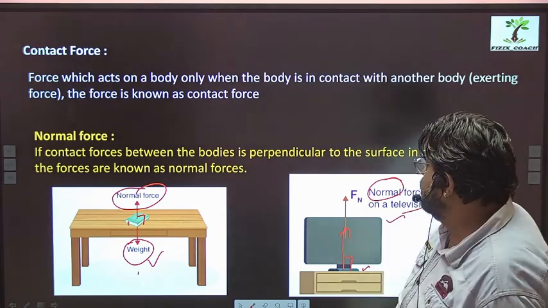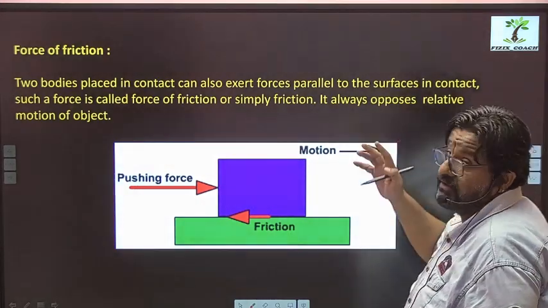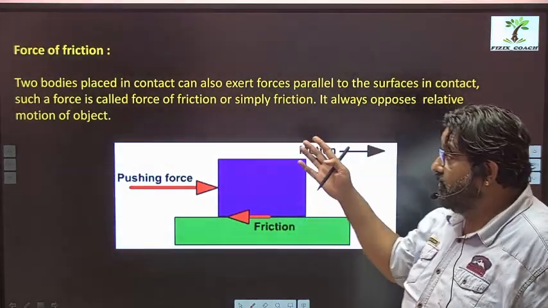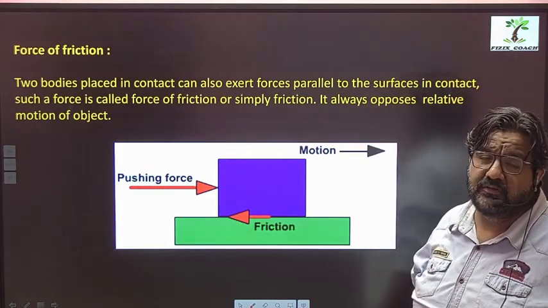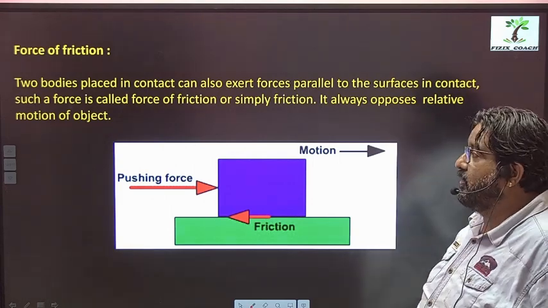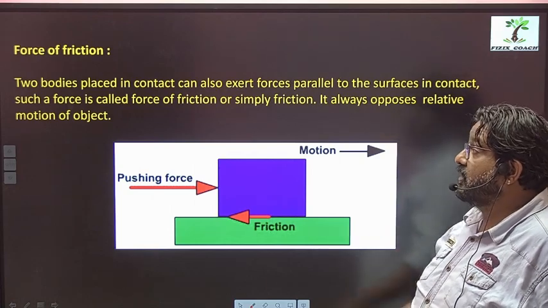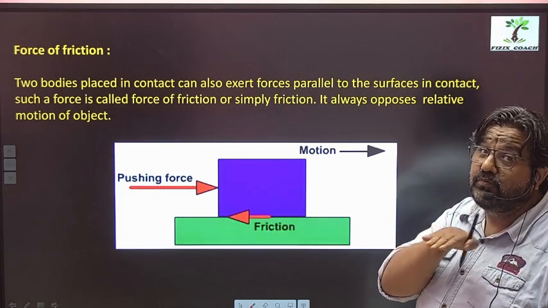So let us move on to the second type of force, which is force of friction. Force of friction is also a contact force, so it will come into action when two objects are in contact. But here it will not be just placed, we'll try to move it.